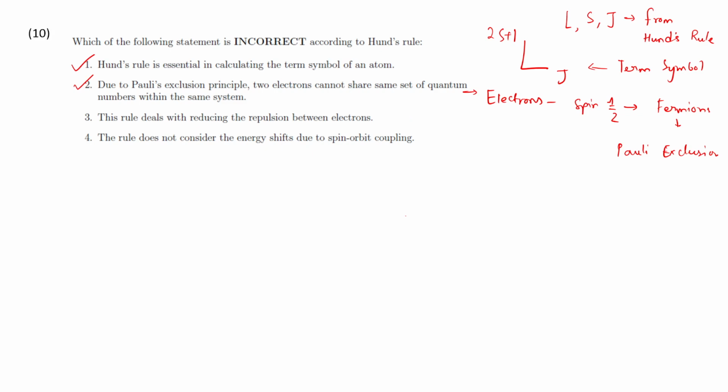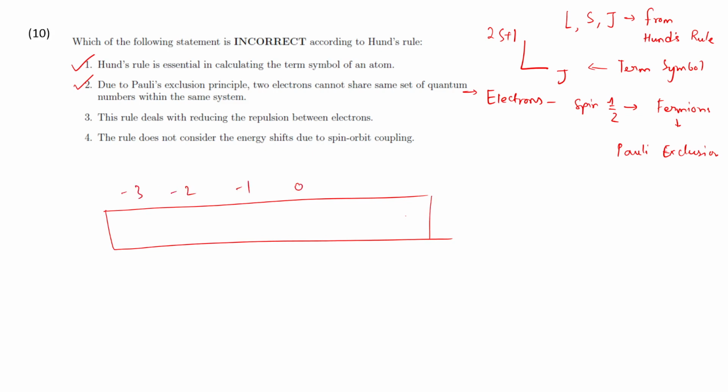Now, this rule deals with reducing the repulsion between the electrons, which is also true. Why? If you remember, while filling we have -3, -2, -1, 0, 1, 2, 3, and here we try to fill spin up, up, up, like this.